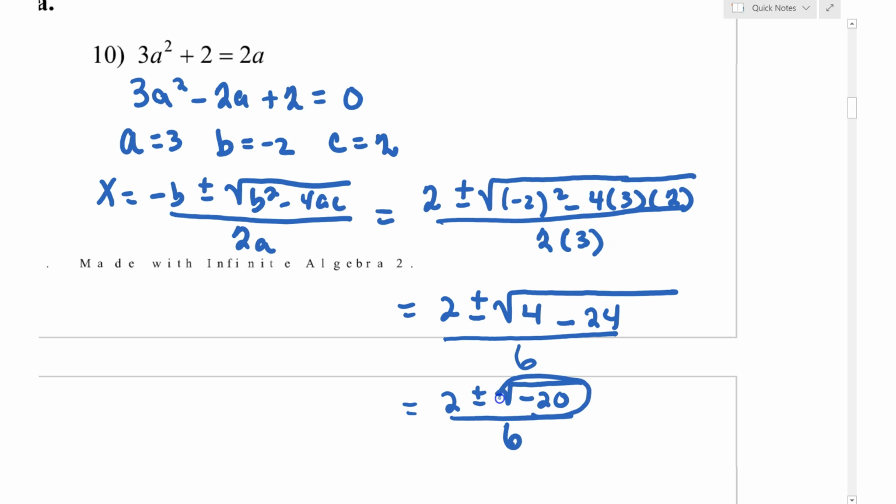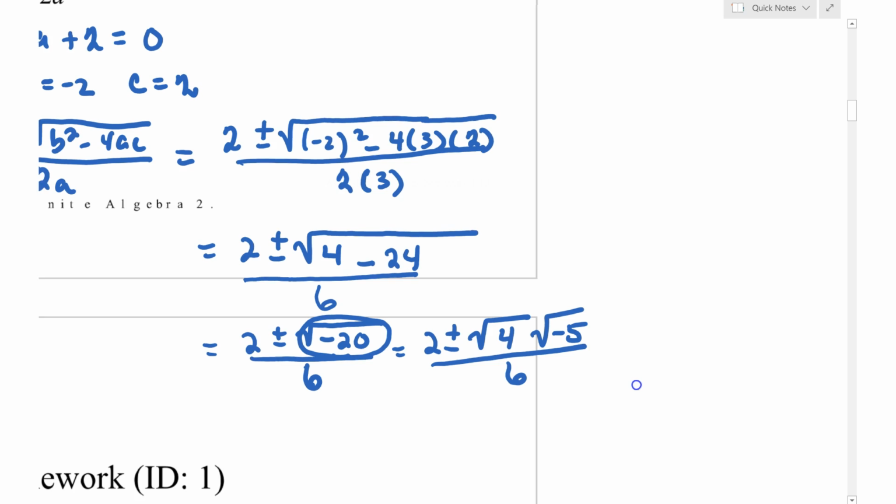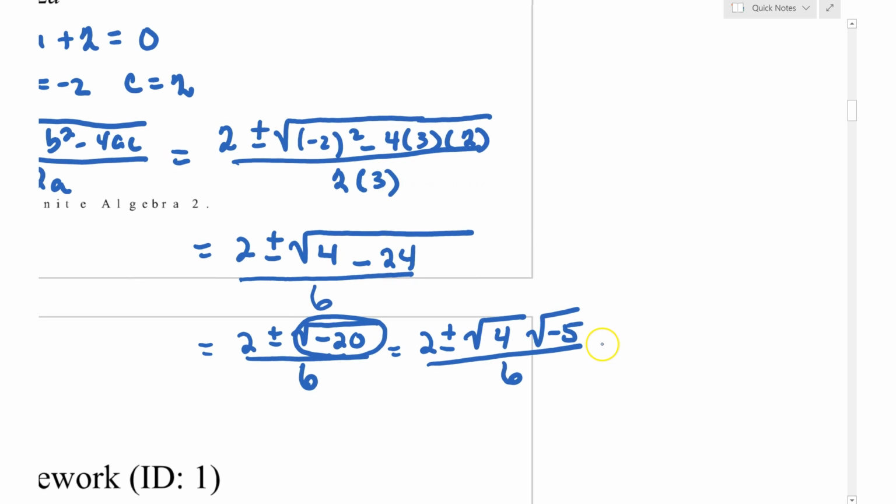Square root of negative 20 can be simplified. So you have 2 plus or minus square root of 4 times the square root of negative 5 over 6. Square root of 4 is 2. So you get 2 plus or minus 2 square root of negative 5 over 6.